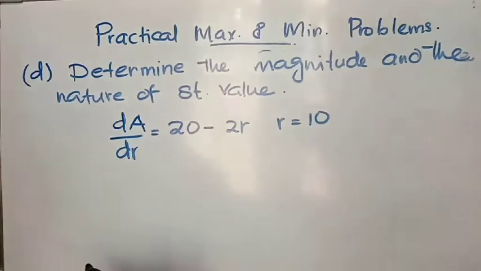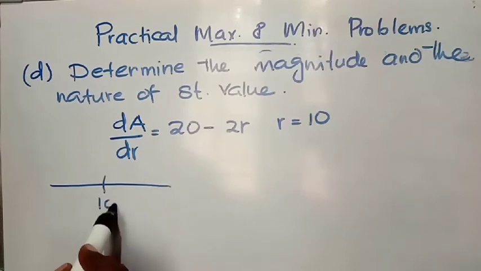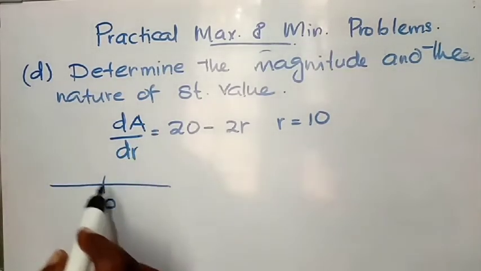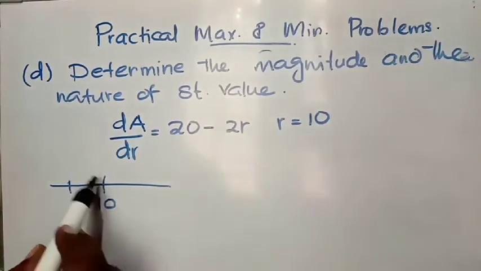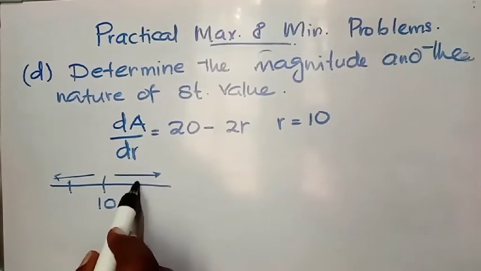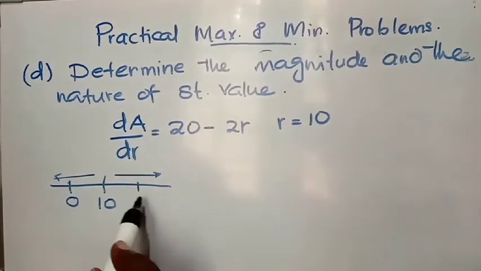And r is 10. Let's take r is equal to 10. This is the stationary point. Now consider a point which is left of 10, below 10, and one above 10. Any value below 10, I'm taking 0. Any value we can take. And above 10, let me take 20.